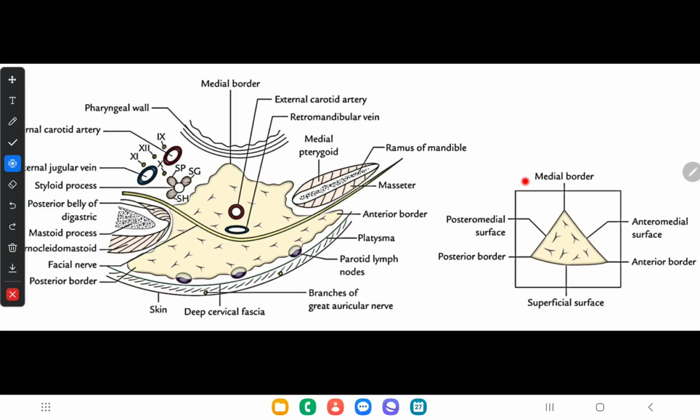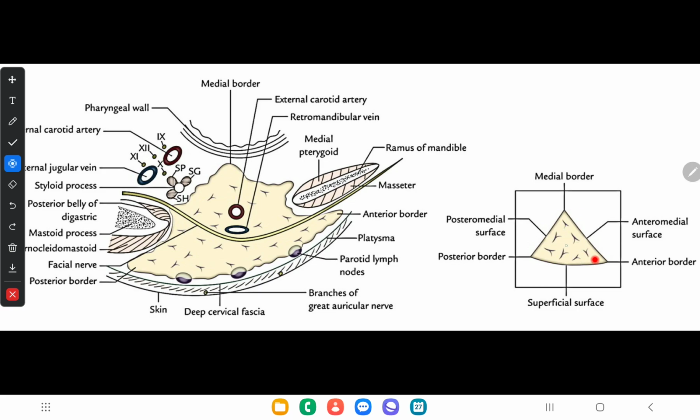According to this picture, you can see there are three surfaces. The superficial surface here, this superficial surface means the lateral surface, and here this is the posteromedial surface, and here this is the anteromedial surface. Here you have medial border, here you have posterior border, and here you have anterior border.